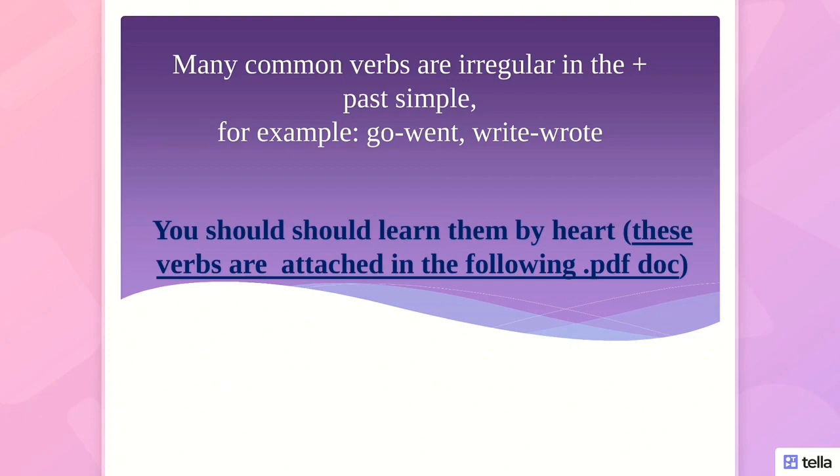And in order to make a past simple verb, we have to change the whole word, as in the example, go, went, ride, rode. And in order not to make any mistakes with these verbs in the past simple tense, you should learn all those verbs by heart. These verbs are attached in the following PDF document.